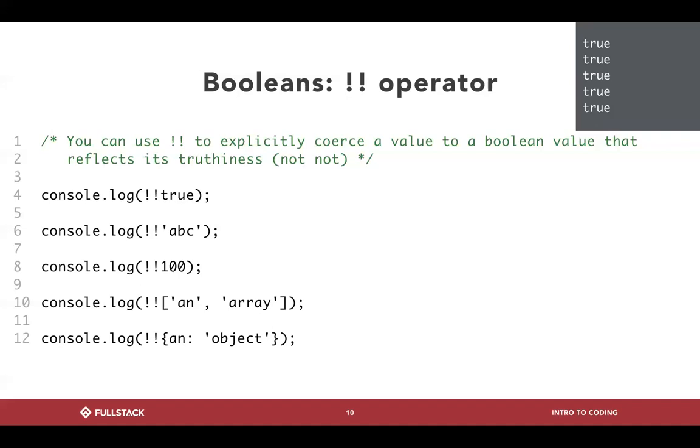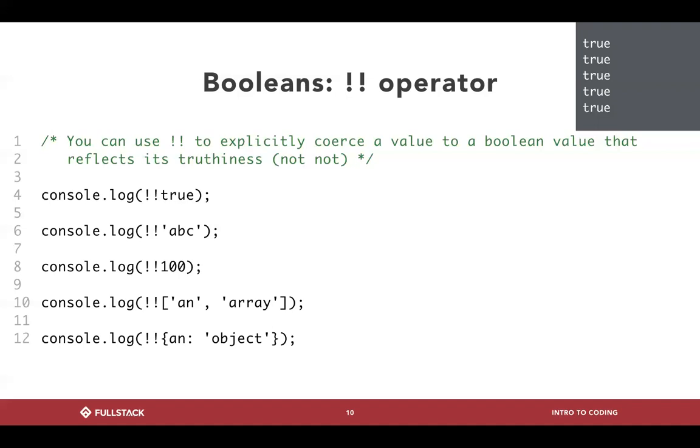Okay, so we have these not operators, these bang operators that can take a value and directly coerce it to a Boolean. We also have the comparison operators, which can compare two values and change them into a Boolean, right?